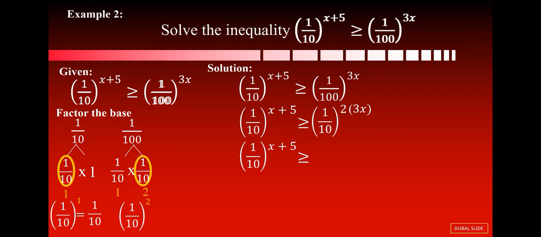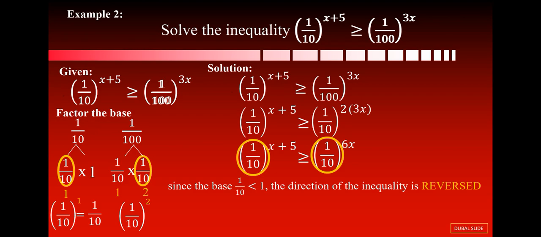In this part, we need to multiply our exponents, which is 2 times 3x. So the resulting value is 6x. As you can observe, we already have the same base, which is 1 over 10. Since the base is 1 over 10, which is less than 1, the direction of our inequality will be reversed.